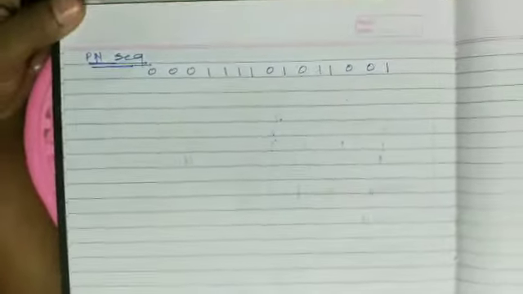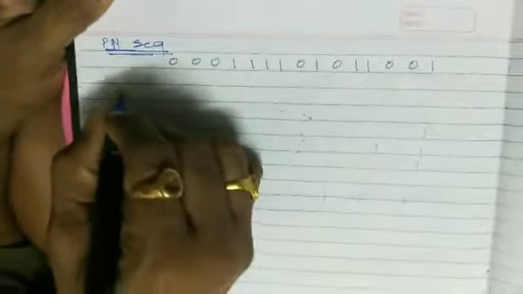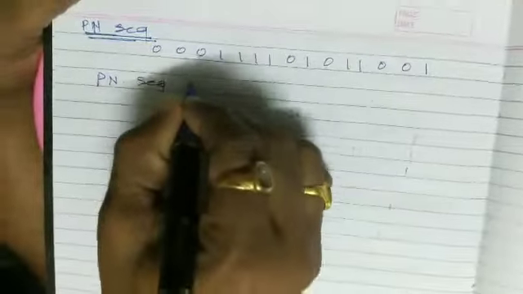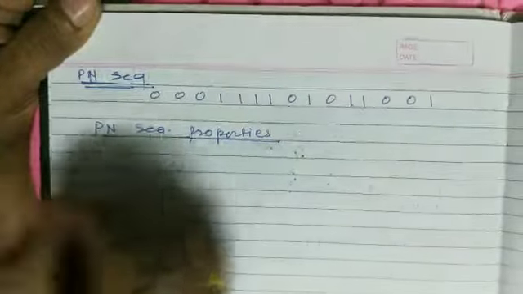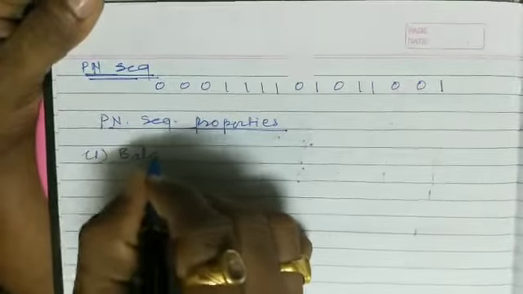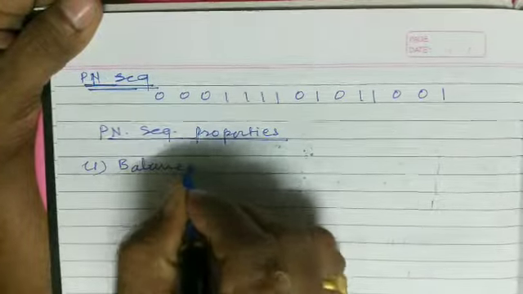As far as this PN sequence, the pseudo random or pseudo noise sequence, is concerned, it is required to follow certain properties, and these are the PN sequence properties. The very first property is called the balance property.